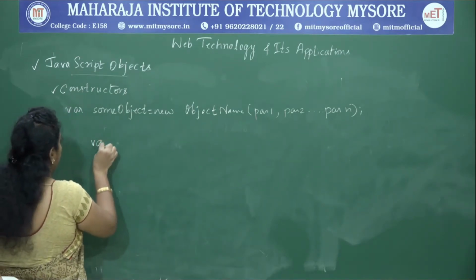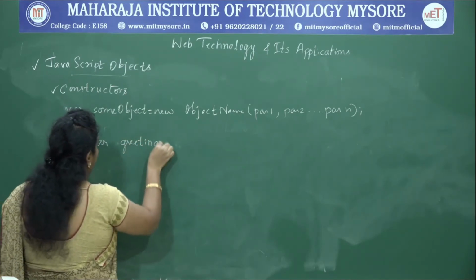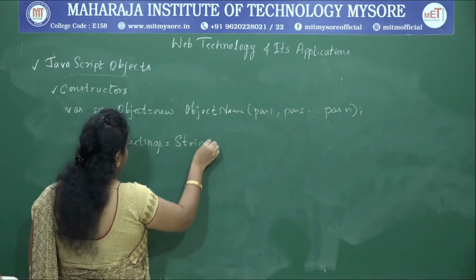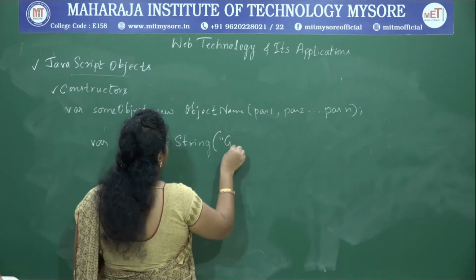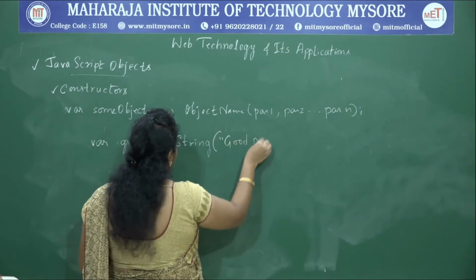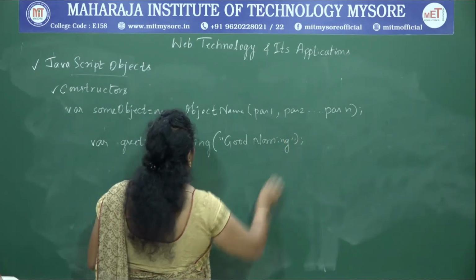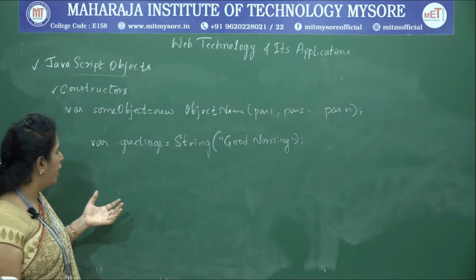Let me take up an example. Var greetings equals new String, and then I am giving the message good morning. Now this is one example where you are creating an object.